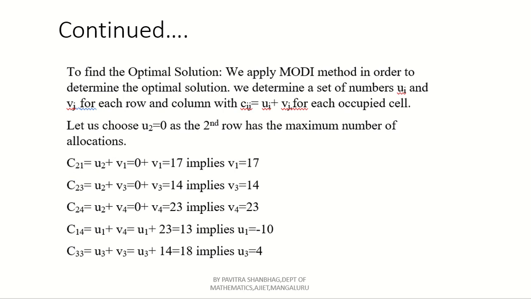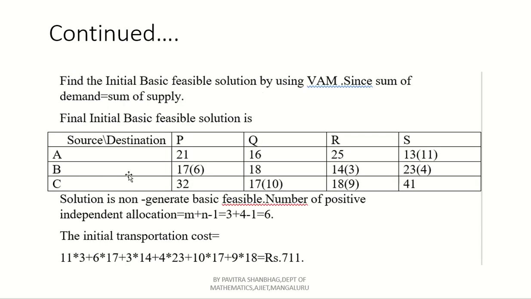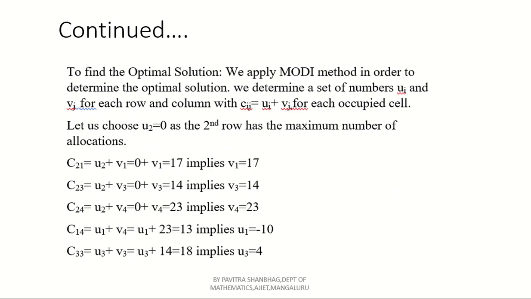Since u2 equal to 0, the occupied cells are C21, C23, C24, so that you can get V1, V3, V4 values with the help of this. So what is C21? U2 plus V1. Similarly, C23 is what? U2 plus V3. C24 is what? U2 plus V4, right?